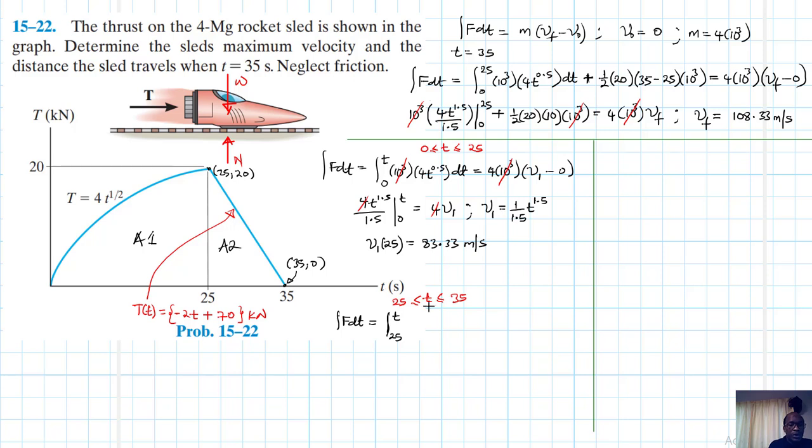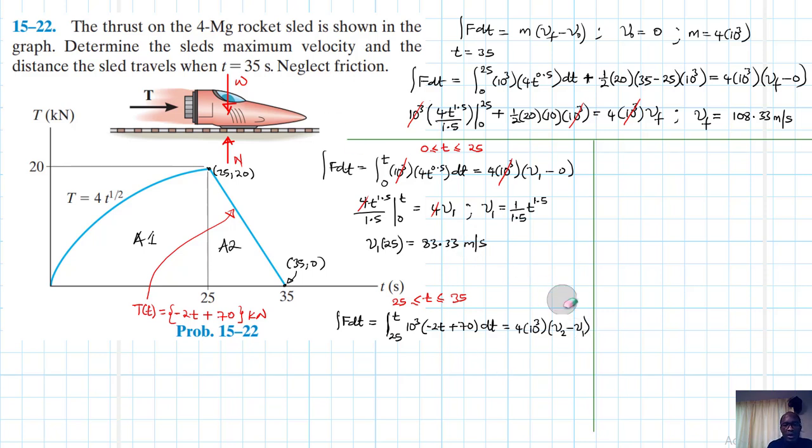Okay, so here we'll say the integral of 10 to the third minus 2t plus 70 dt is equal to m, which is just 4 times 10 to the third, then we'll call it v2 minus v1.